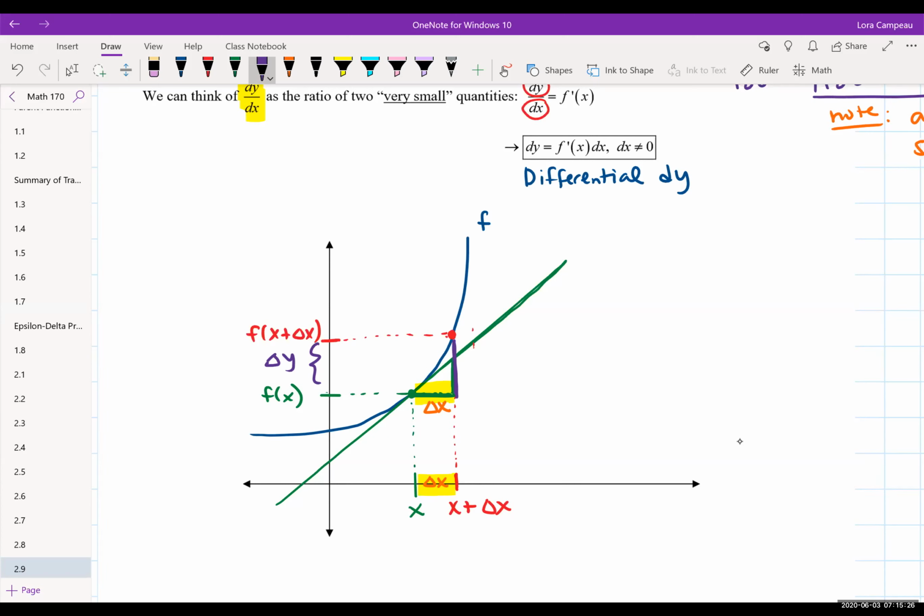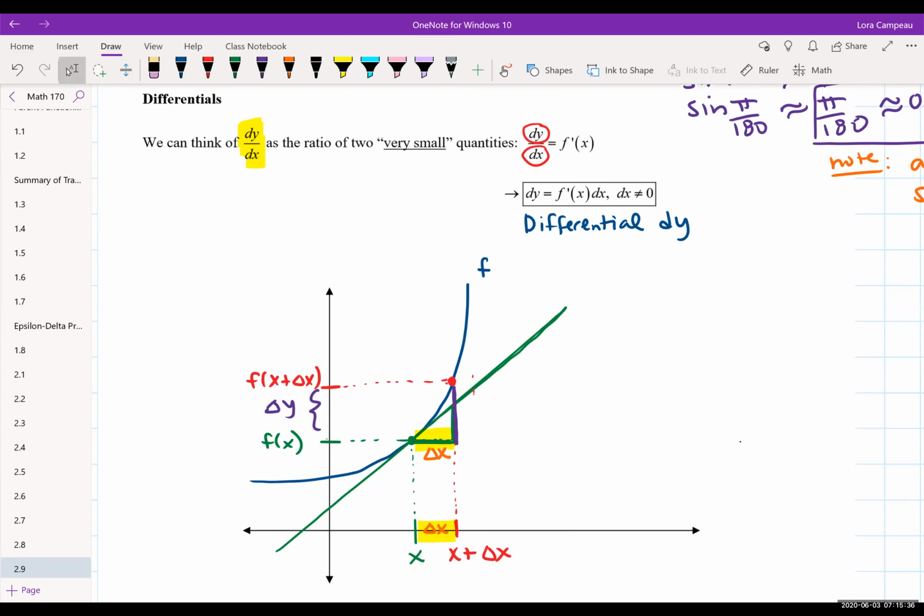So what I want to play with is, let's look at what's happening with the tangent line. So this is what we're looking at when you calculate the slope. They want to bring our attention to the y value change based on the tangent line.